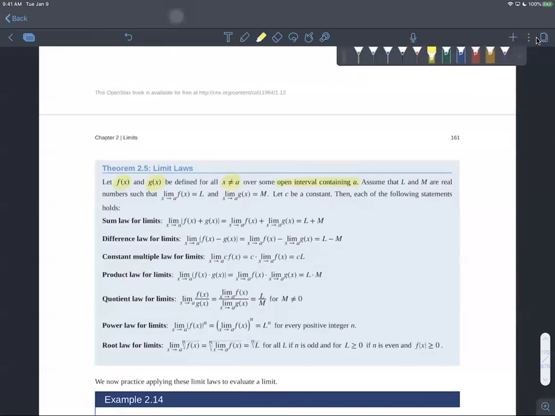That's why we say x is not necessarily equal to a, but x is over some open interval containing a. And assume that L and M are real numbers such that the limit of f of x as x approaches a is L, and the limit as x approaches a of g of x is M. And then we define c to be a constant. Then each of the following statements holds.